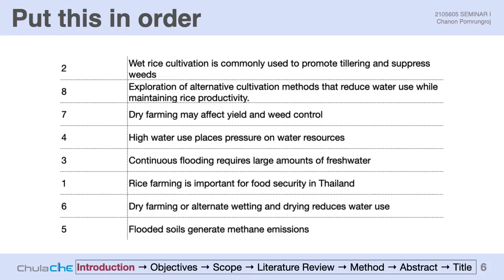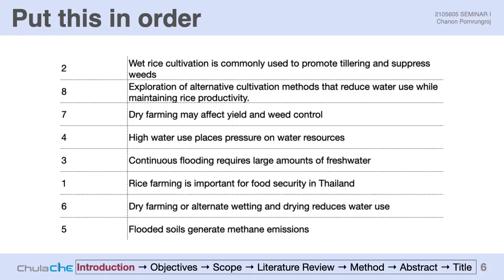And the next would be that flooded soil generates methane emissions. So that's a problem. Dry farming or alternate wetting and drying would reduce that water use. And dry farming may affect, let's say, yield and weed control.